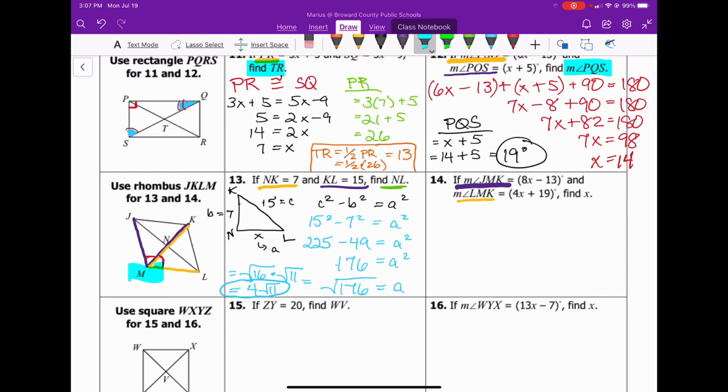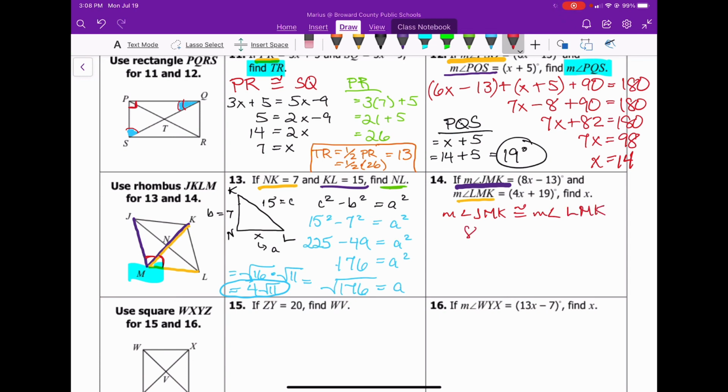So we know already, in order to find X, we simply need to set our equations equal to one another and solve for X. So we have 8X minus 13 equals 4X plus 19. And matter of fact, let me write our angle statement. So the measure of angle JMK is congruent to the measure of angle LMK.